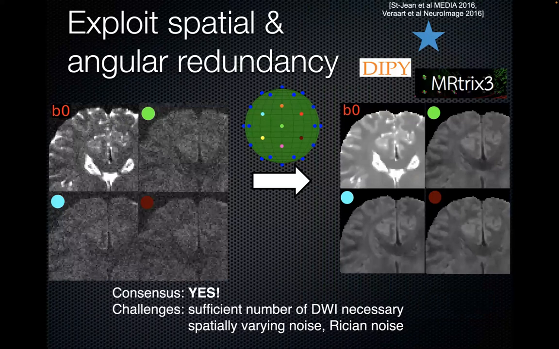So first step, denoising. The light is not great, but you saw in my images quite a lot of noise. But the beauty about diffusion MRI is you have tons of redundancy, right? We're measuring the same structure under 100 different directions.